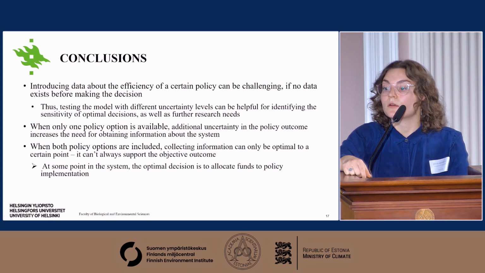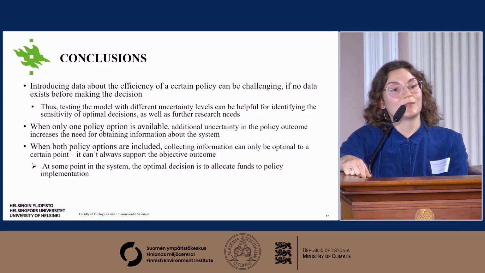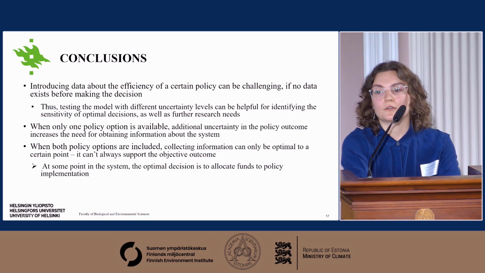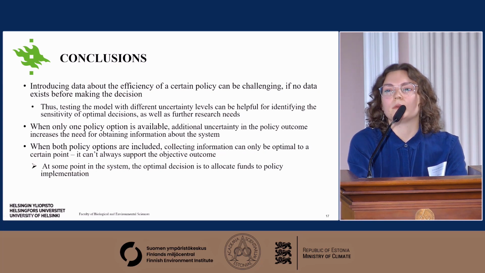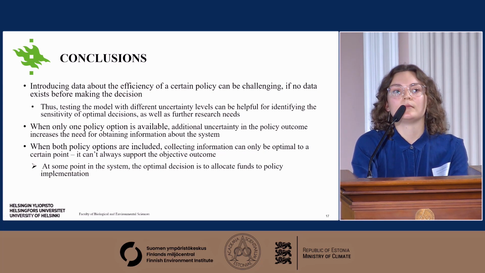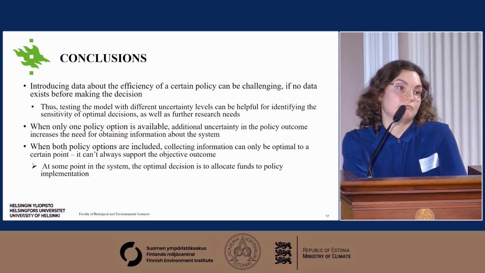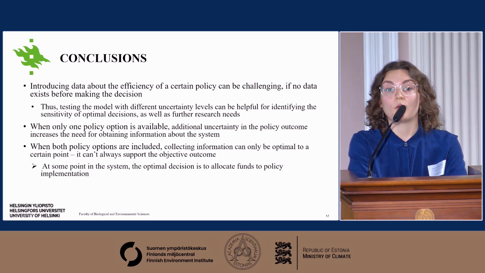And I am running out of time, but to conclude, these results are methods to include the possibility of implementation uncertainty that exists in real life. Our policies might not perform like we hoped for.